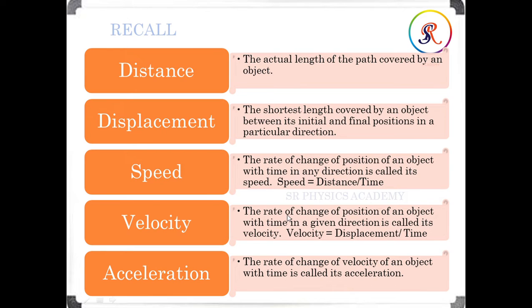Velocity, the rate of change of position of an object with time in a given direction, is called its velocity. Velocity is defined as displacement by time. It is a vector quantity. Acceleration, the rate of change of velocity of an object with time, is called its acceleration.